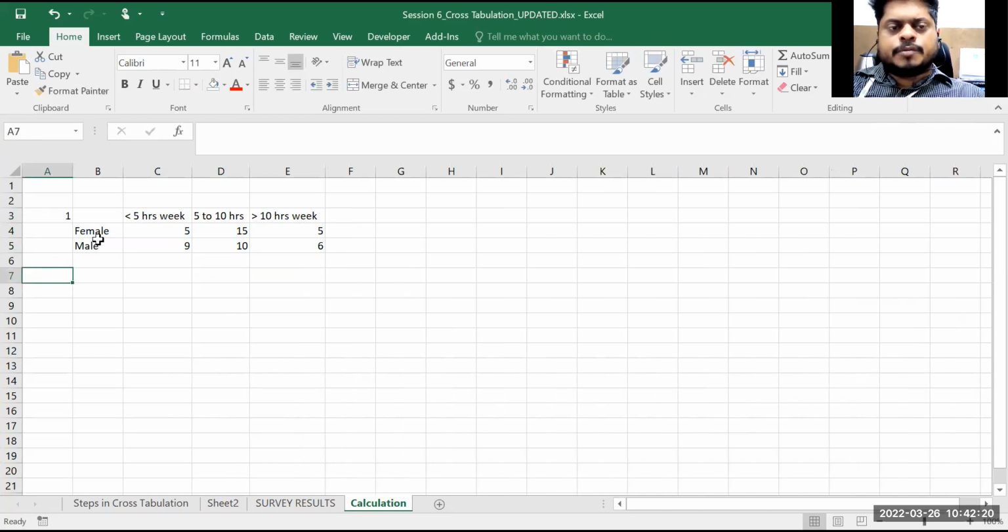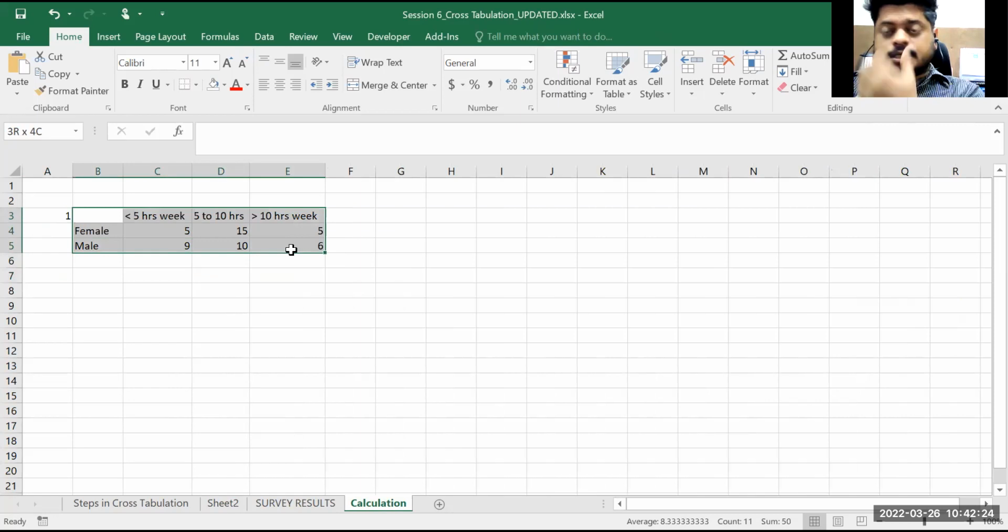From your exam point of view, this kind of data will be given to you. The Excel file will be given too, it will be in Moodle. So this kind of information will be given to you, and reading this information, a typical question can be: the tabular information of gender-wise time spent on social media is given, right?